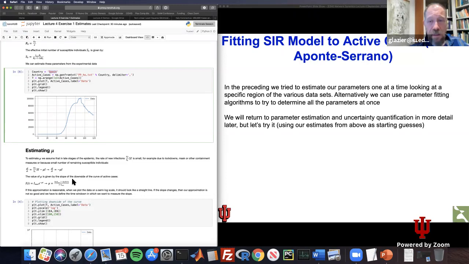Is it clear what the little assignment is?